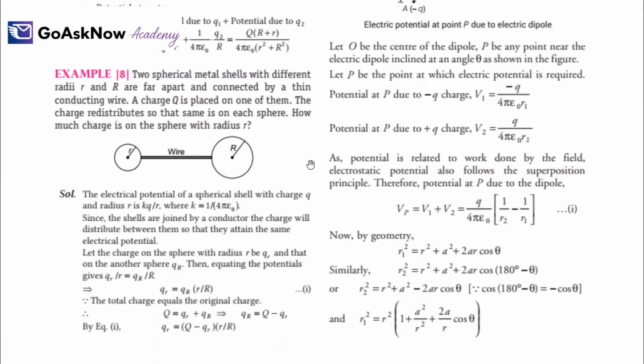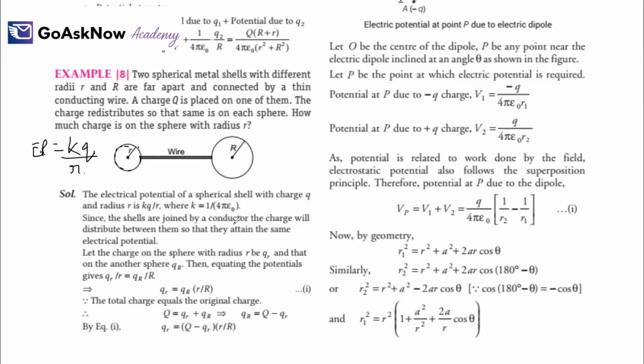The electric potential of a spherical shell with a small charge q and small radius r is kq by r. Okay. So if you have this small sphere, your electric potential here will be what? K small q by small r. Okay, that is the equation.